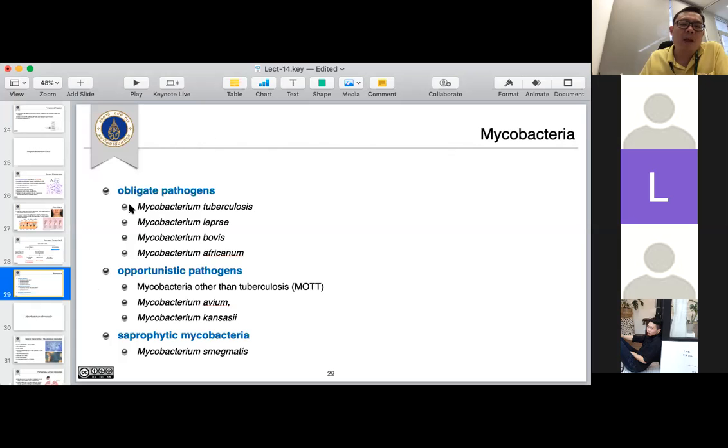We divide mycobacteria into 3 different groups. One is obligate pathogens, so they harm humans. They do not live as free living, but they cause disease. The key ones are Mycobacterium tuberculosis, Mycobacterium bovis, and Mycobacterium africanum.